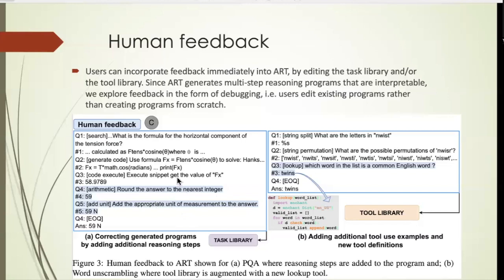Once you are able to get the correct answer, this becomes a new demonstration in your task library. So your task library is growing, and the platform is going to improve as you incorporate more and more demonstrations. At the same time, when users add their own tools or code functions to the tool library, the platform becomes more and more powerful, and the performance improves throughout the interactions with humans.